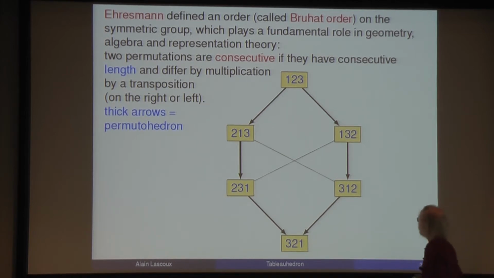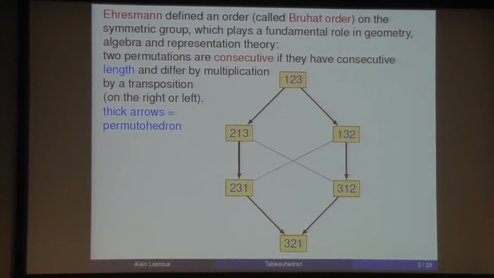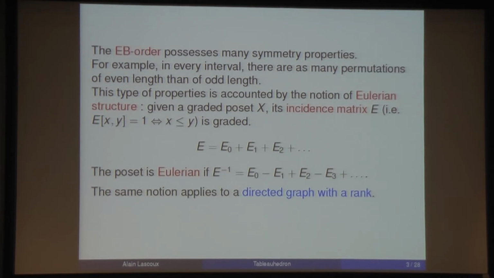So Bruhat order, well, of course, on this picture, everything is very symmetrical, but now if you take intervals in the Bruhat order in a big symmetric group, then you see that the structure is really mysterious and there are properties which are not easy to describe, and for which, for example, you need the Cauchy-Lascoux.